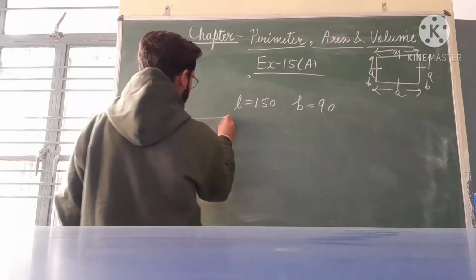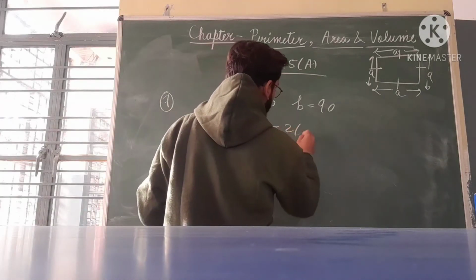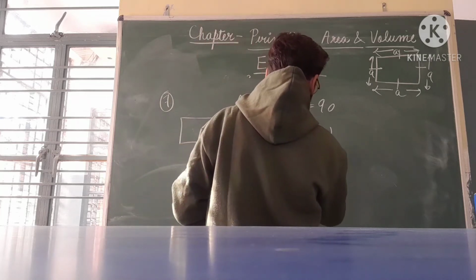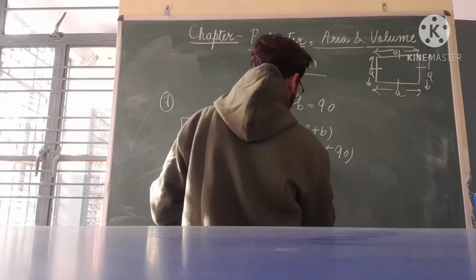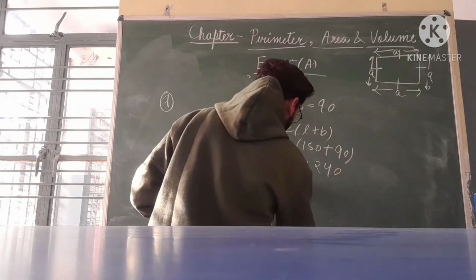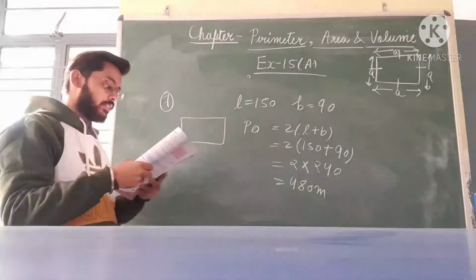The wood trim is in the form of a rectangular shape, so the perimeter of a rectangle is 2 times (L plus B). L is 150 and B is 90, so we get 2 times 240, which is 480. This is the perimeter of that wood trim.